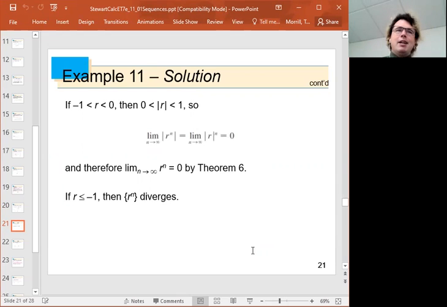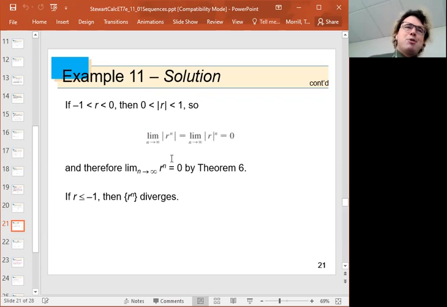Now, I'm not quite done here, because I could have a negative value of r. So maybe r is between the numbers -1 and 0. Well, then I can just use my squeeze theorem argument. So I can just look at the absolute value of r to the n instead.